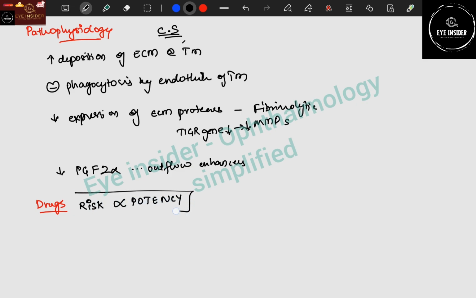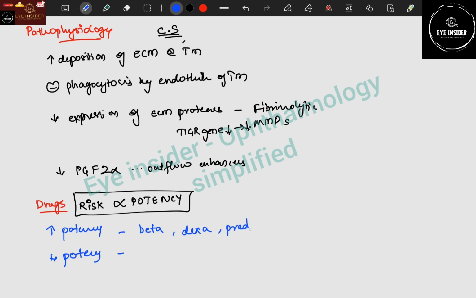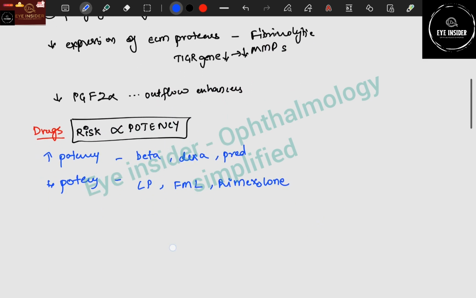Now coming to the steroid formulations which cause glaucoma, the risk of development of glaucoma is directly proportional to their potency. The high potency drugs include betamethasone, dexamethasone, prednisolone, whereas low potency drugs include loteprednol, fluorometholone and rimexolone.